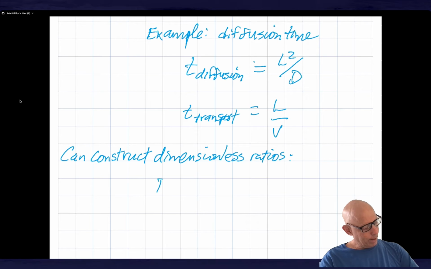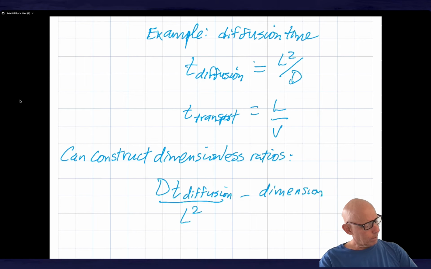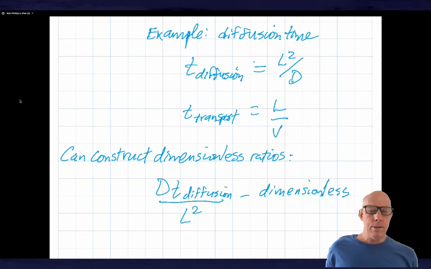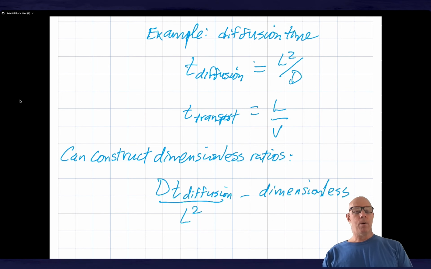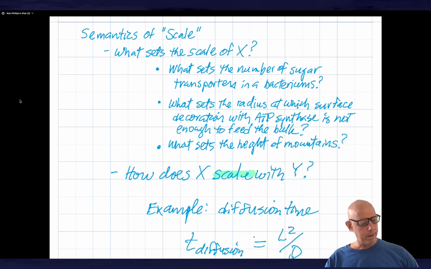So I see that T diffusion times D divided by L squared is dimensionless. And that leads me to the last thing that I wanted to say in this brief vignette, which is really by way of introduction to these two different ways about thinking about the notion of scale.